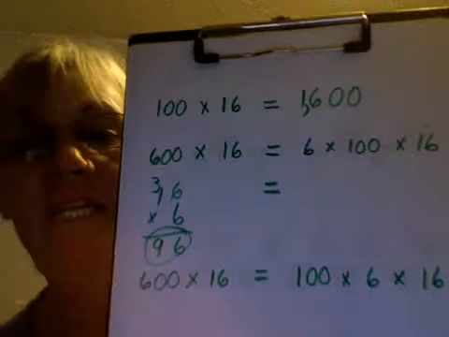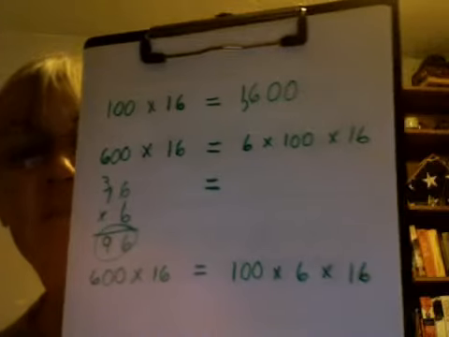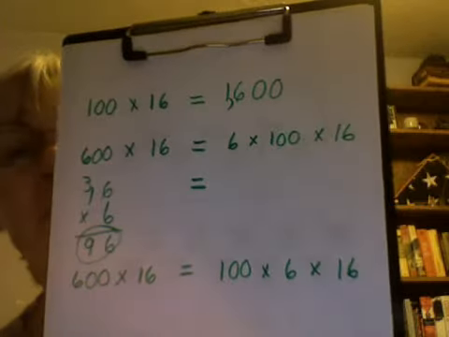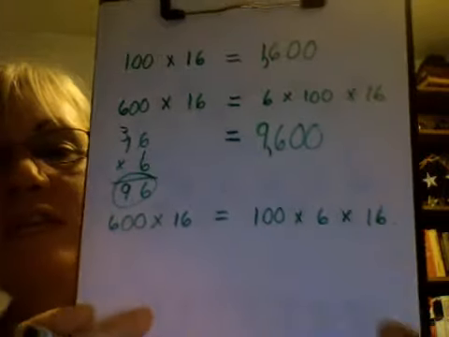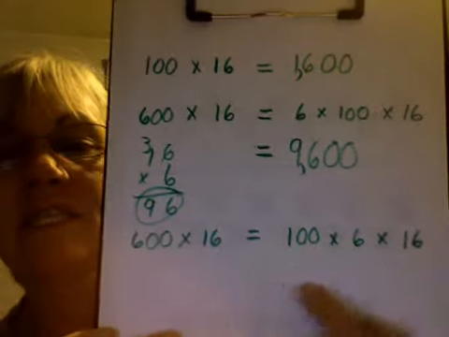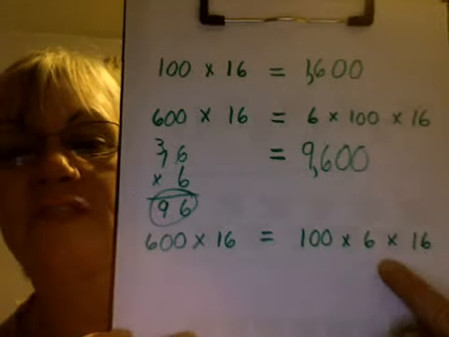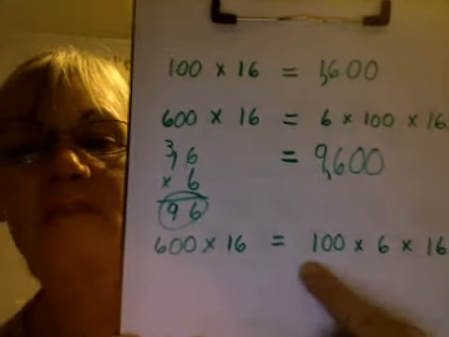And our result with 16 times 6 is 96. When we move that into the 100s, we have 96 hundreds, or 9,600.